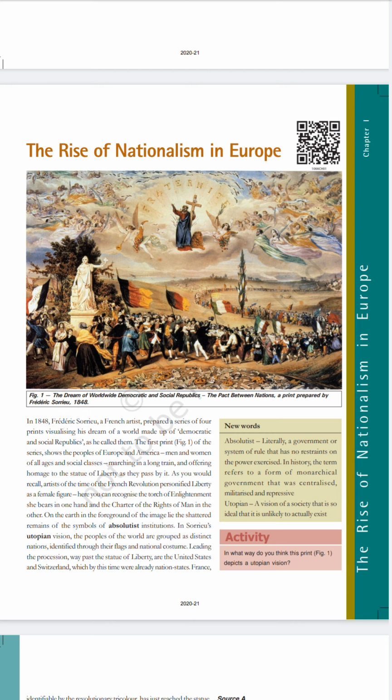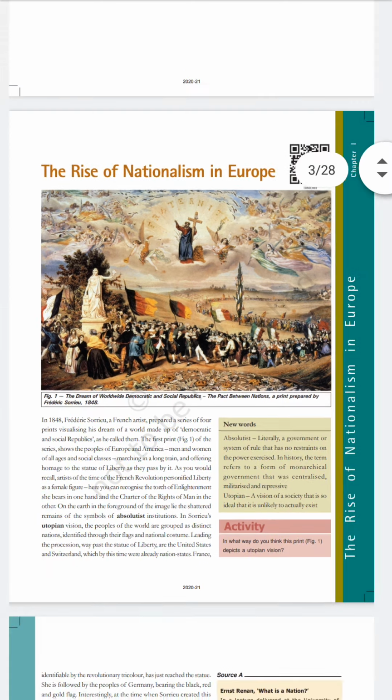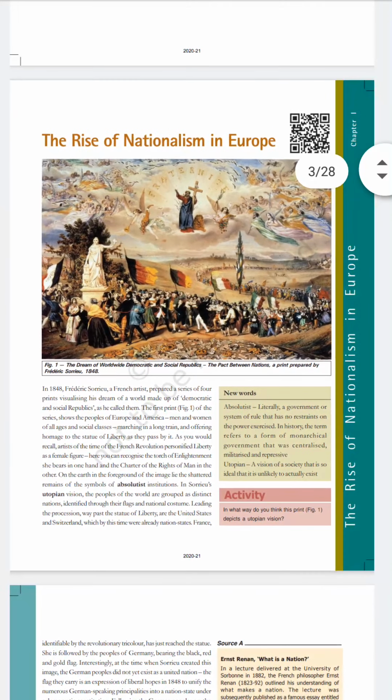They come from far away, passing in front of the Statue of Liberty, and offer homage and respect to the Statue of Liberty. Such a scene was included in his painting by Frederick Sorrieu.